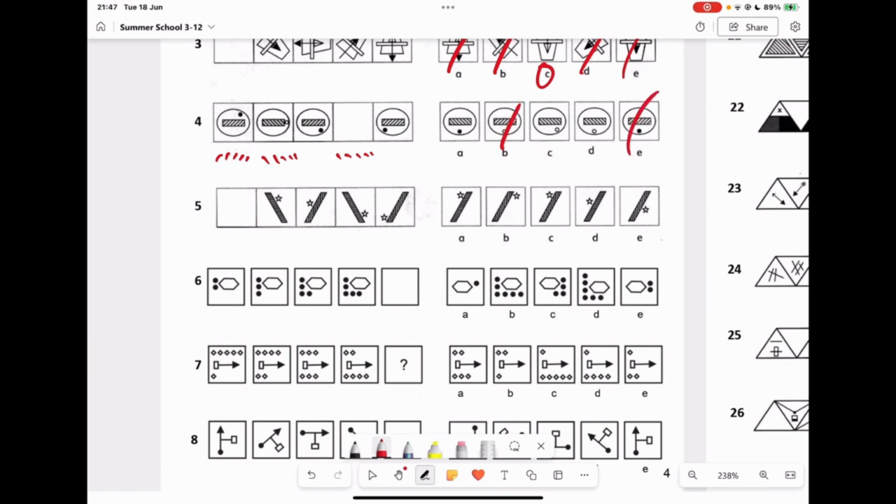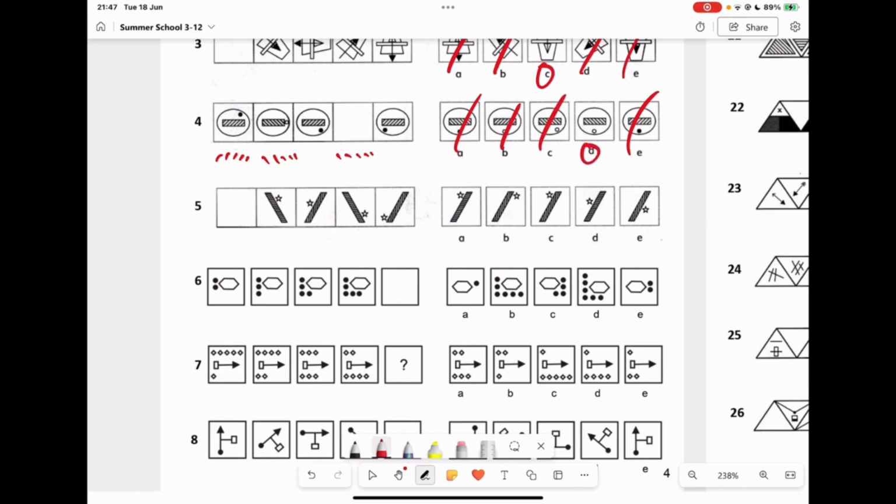And then we're looking at the black dot. So it's changing from white to black each time, so it cannot be A. And then we're looking at how the black dot is also moving one place each time, so we can expect it to be at the bottom. So knowing that, the answer is D.